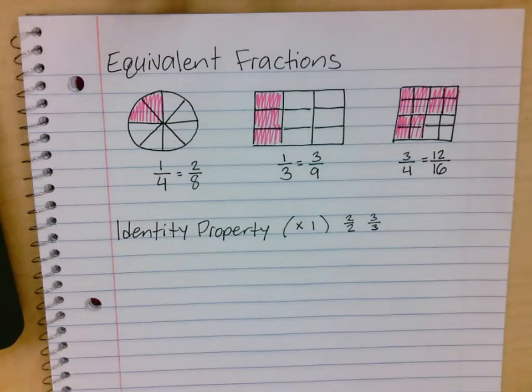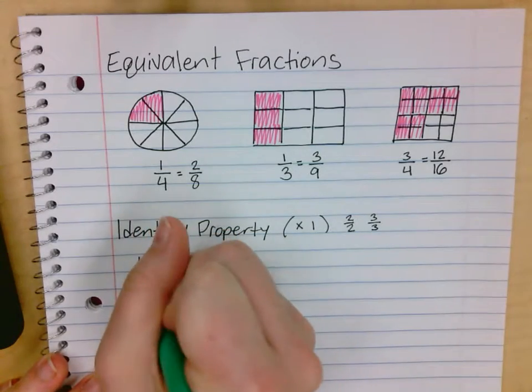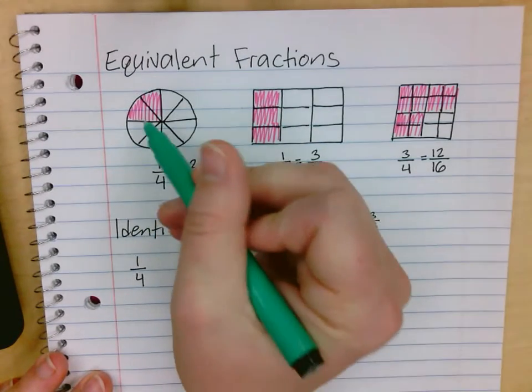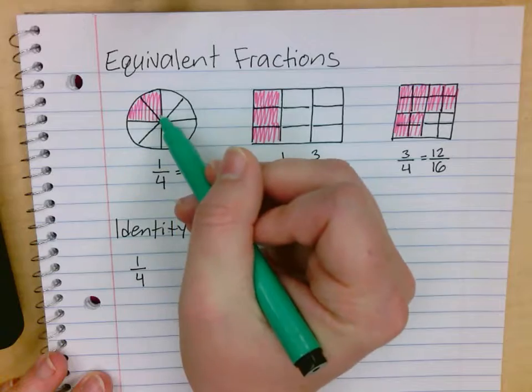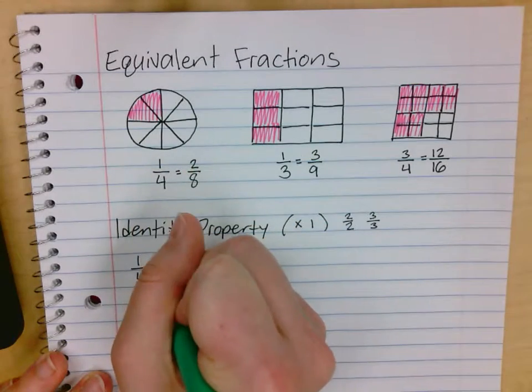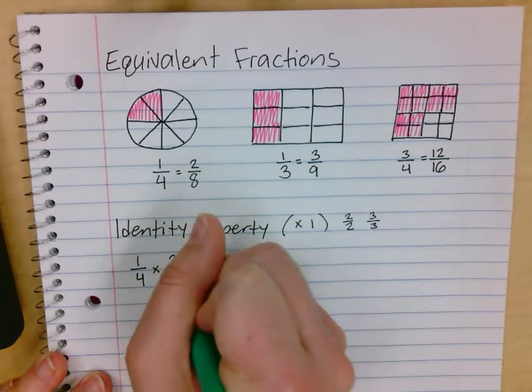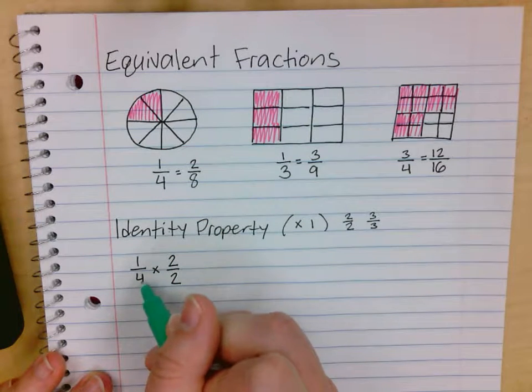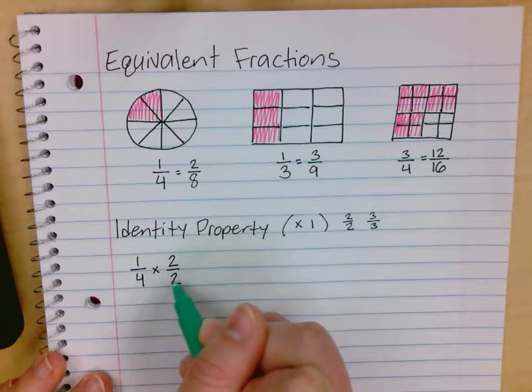So we have 1/4 over here. Now, in 1/4 up here, we turned each of our pieces into 2 pieces. So that means we're going to multiply by 2/2 because we're turning each of our fourths into 2 pieces.